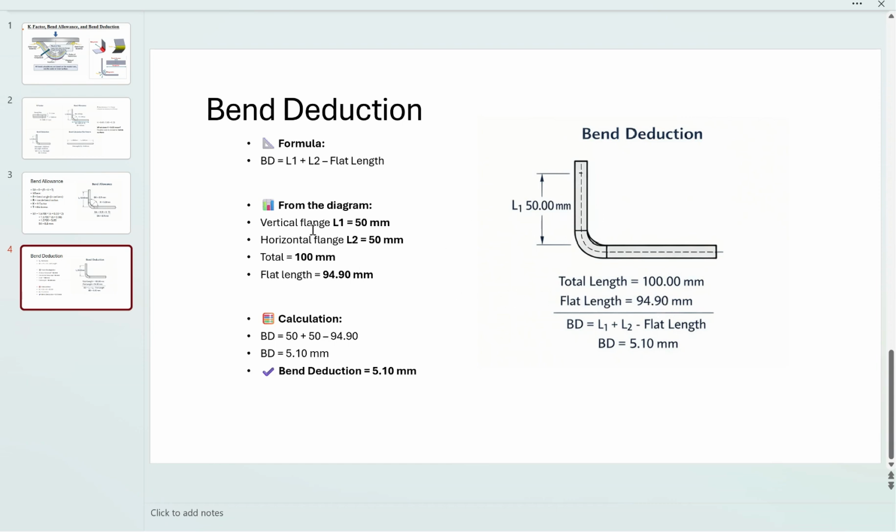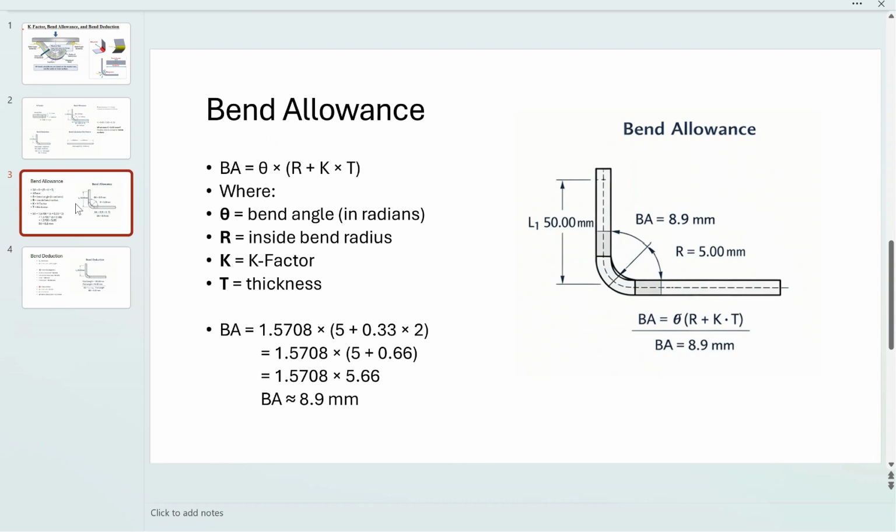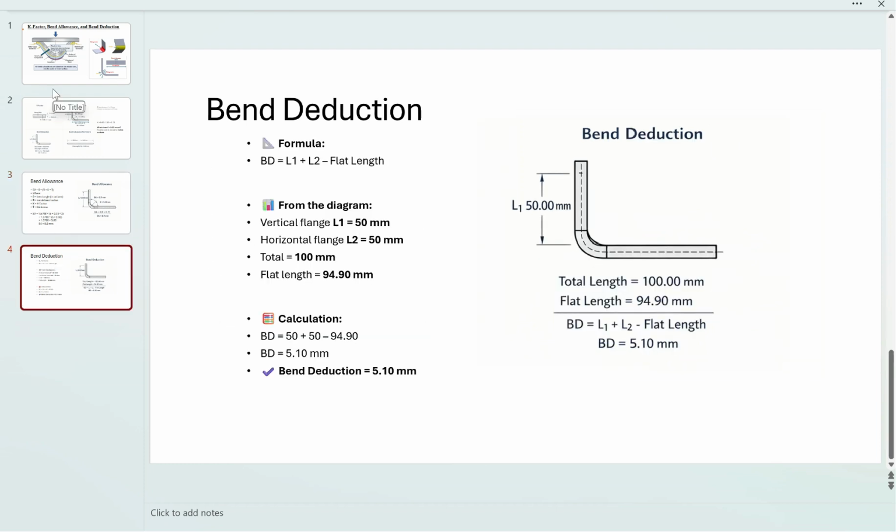You can see the vertical flange is 50, horizontal flange this from here to from here. So this is the vertical flange, this is the horizontal flange, and the bend deduction is L1 plus L2 minus flat length. That's how we calculate the bend allowance and bend deduction in SolidWorks sheet metal.